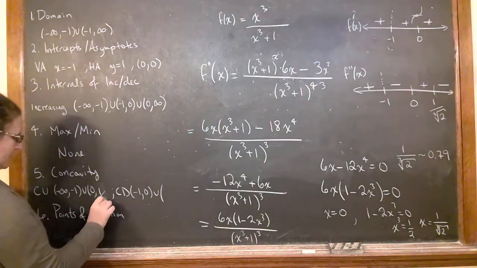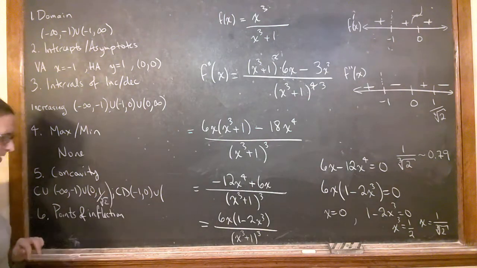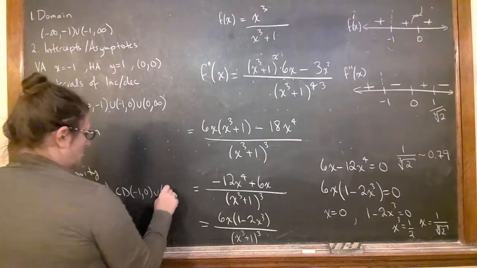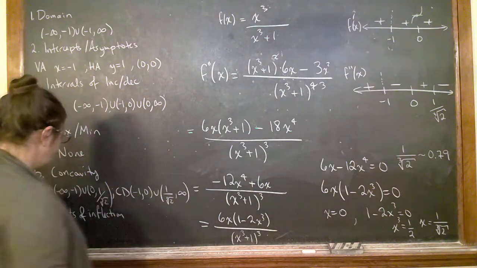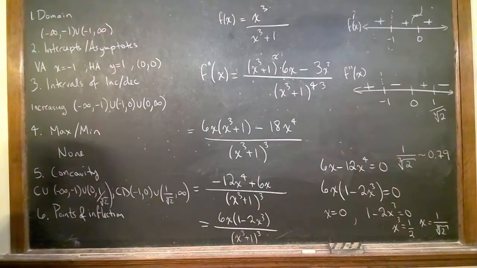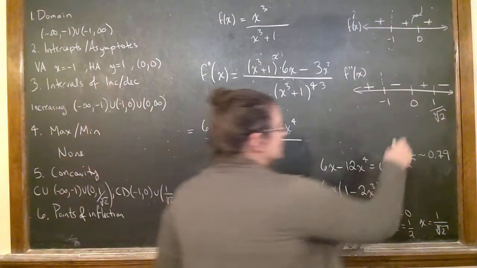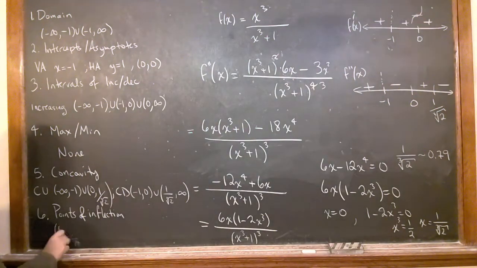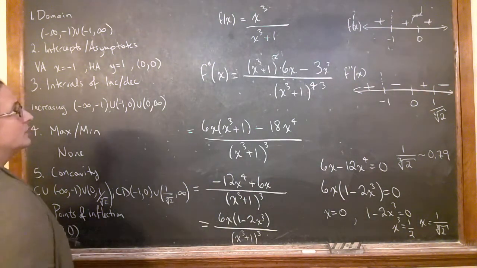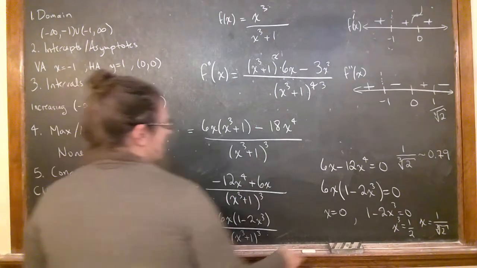This is 1 over the cube root of 2. And I'm concave down from -1 to 0 and from 1 over cube root of 2 to infinity. And so my points of inflection are going to be 0 and 1 over the cube root of 2. So 0, 0, right? And then what's the value at 1 over cube root of 2?